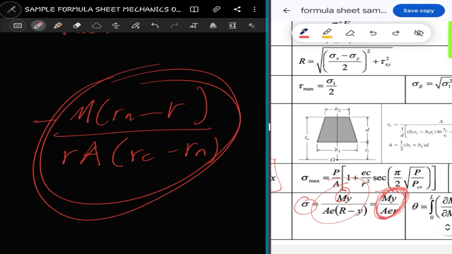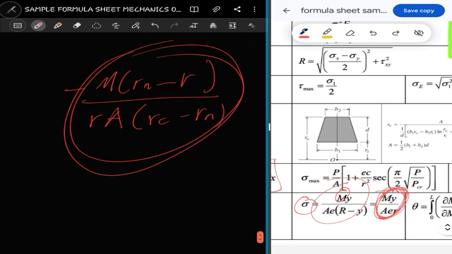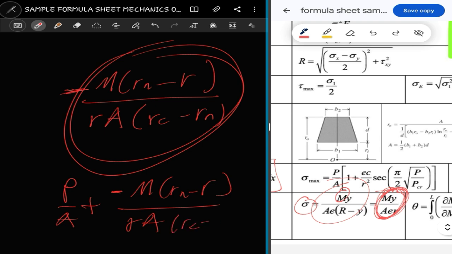The same thing here. But just by the way, for curved beams, there are times where the portion you are trying to find the stress in is experiencing a direct force, so a direct stress, and then another stress due to the bending. So if it has an additional direct stress at that point, you have P over A, plus the minus is still maintained, M times Rn minus R, over A times R times Rc minus Rn.